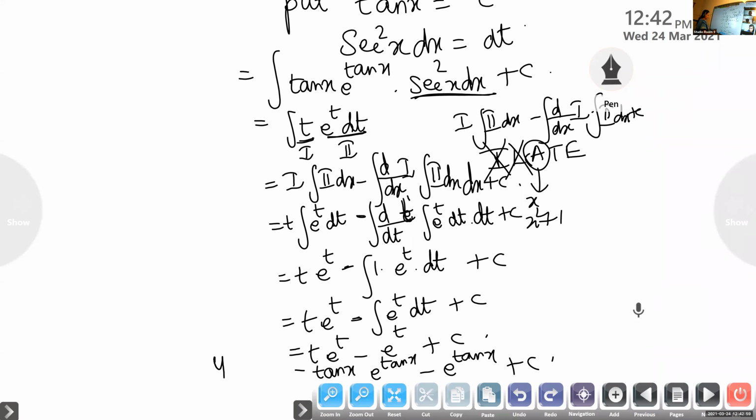This side we have y into e raised to tan x is equal to tan x into e raised to tan x minus e raised to tan x plus c. Go through this question, check whether it is okay.